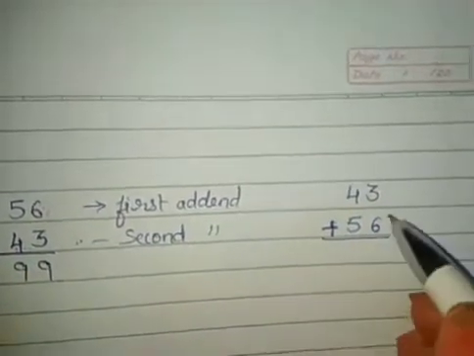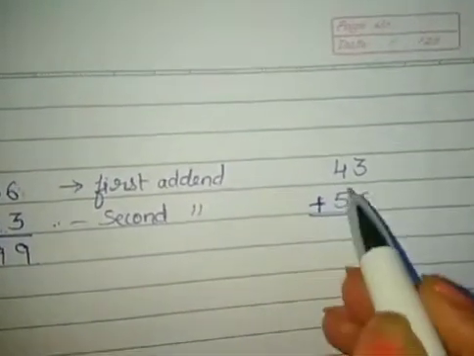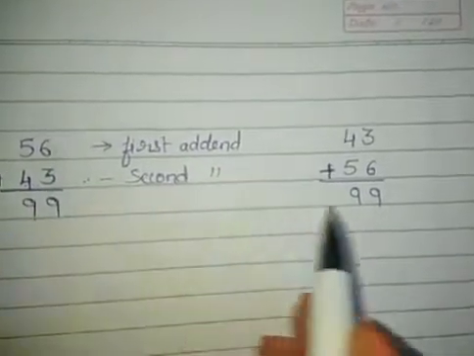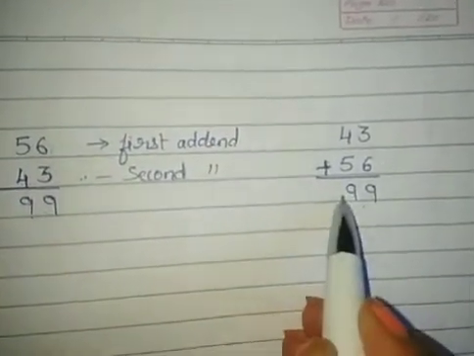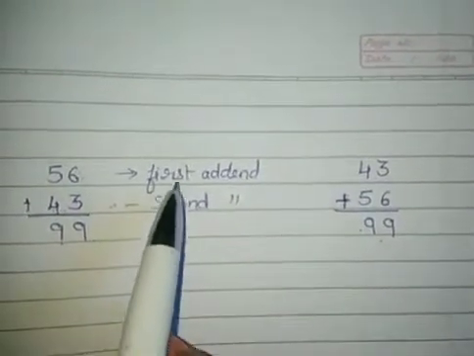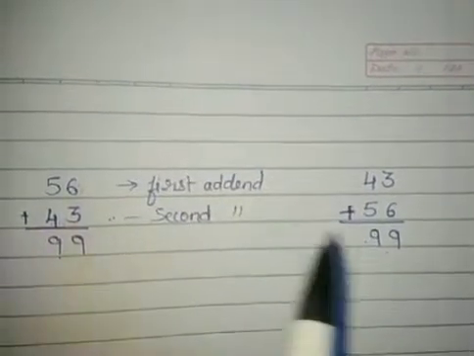Now add the numbers. 3 plus 6 is 9 and 4 plus 5 is also 9. See, in both the cases the answer is the same. If you exchange the order of the addends, then the answer will be the same only.